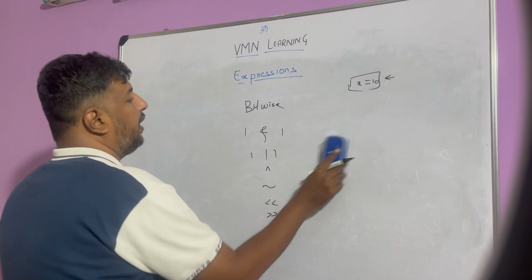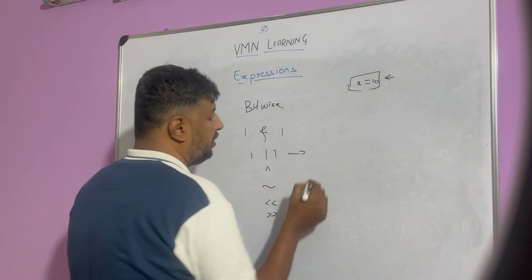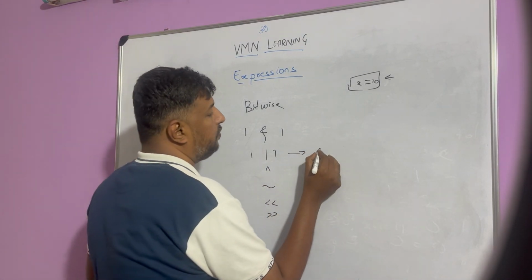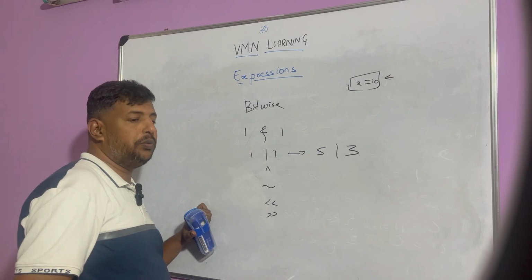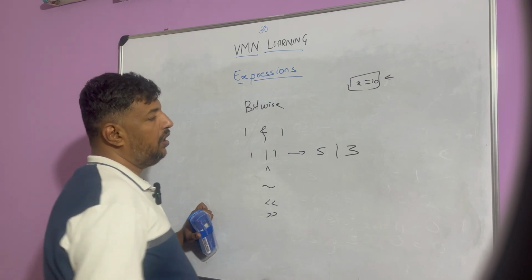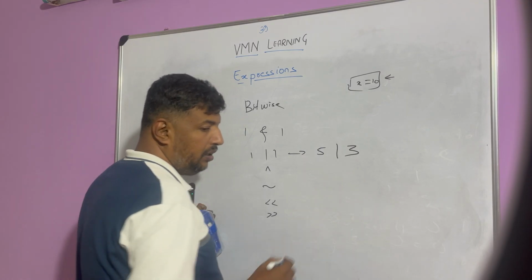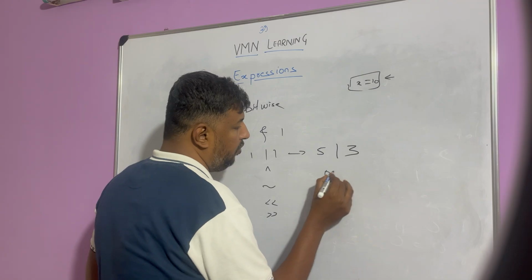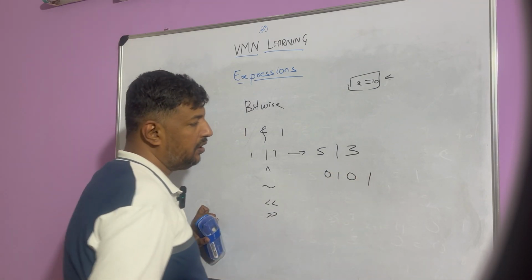Now consider an example for this. Consider 5 and 3. What will be the output? Now, 5 OR 3. How can you write 5? 5 you can write as 0, 1, 0, 1. Okay, this is 5.